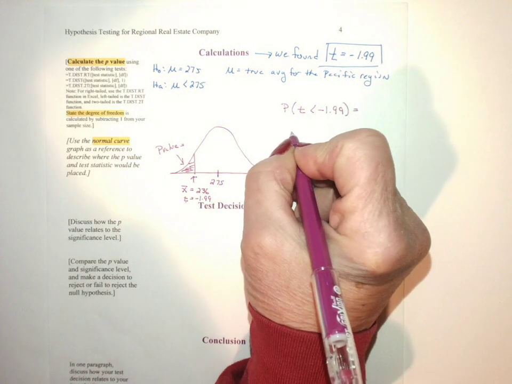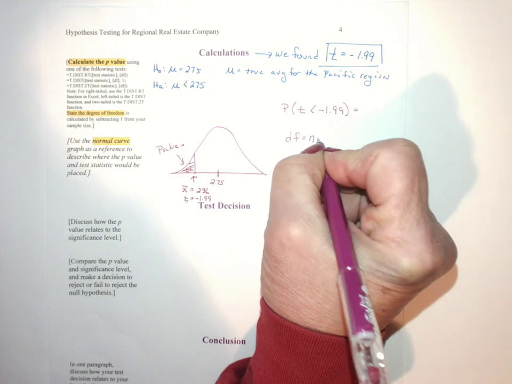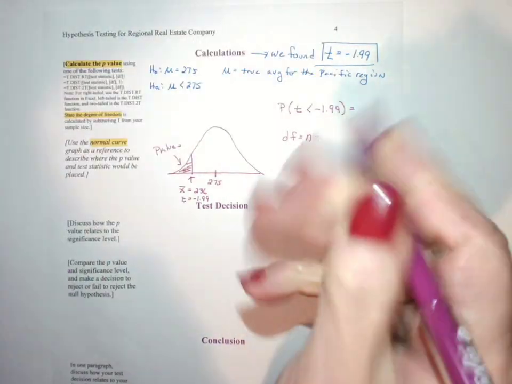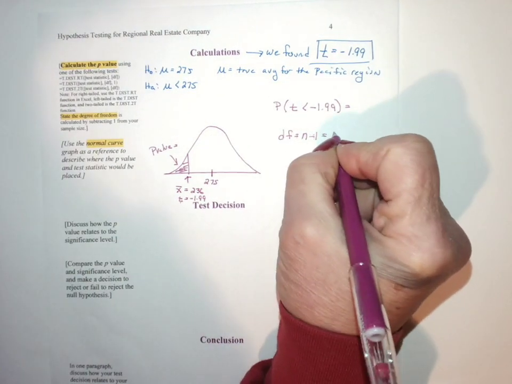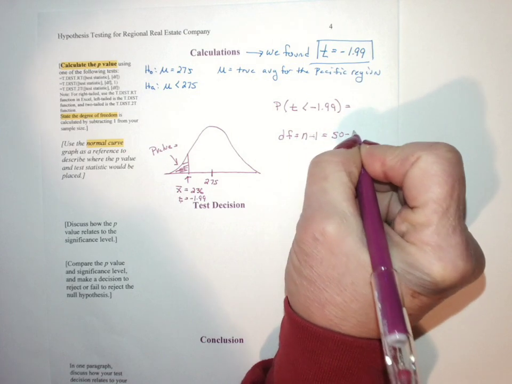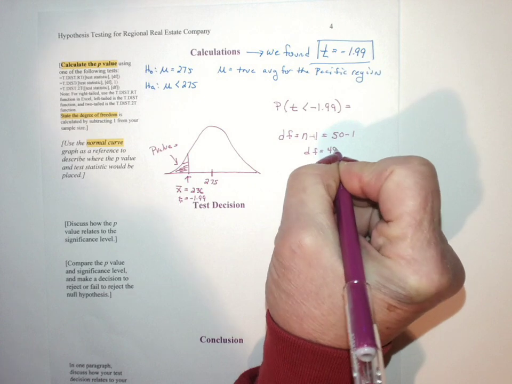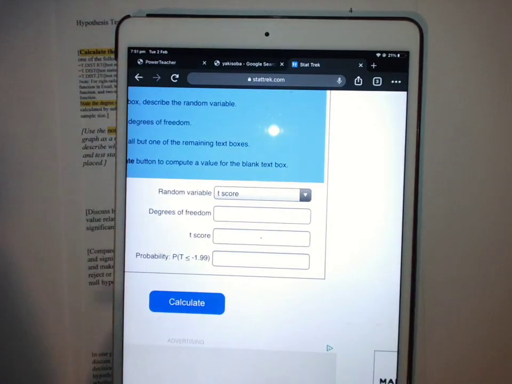So we need to state the degrees of freedom, and the degrees of freedom is n minus 1. So for my example, my sample size was 50 minus 1, so my degrees of freedom is 49. Just a hint, since your sample size is 1,001, your degrees of freedom will be 1,000.